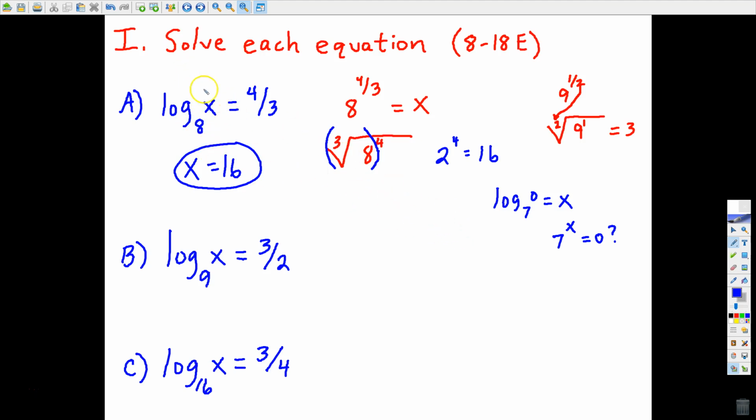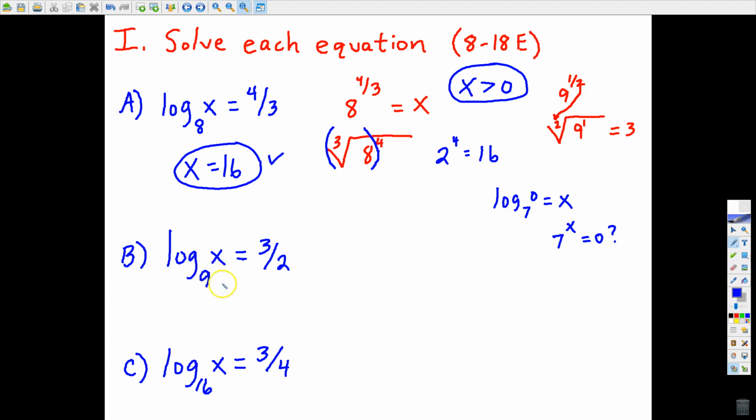So bottom line, when you find your solution for x, it has to be a number greater than 0. Obviously 16 qualifies, so we're good. But be careful when you get your answer that it satisfies this domain. It has to be a number bigger than 0 to qualify as a solution.